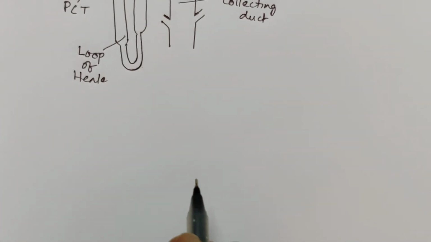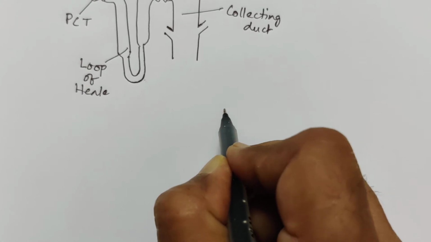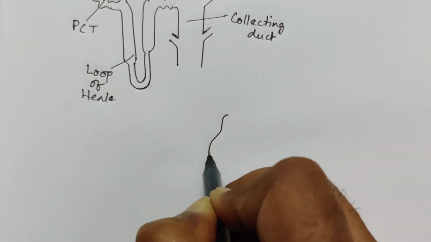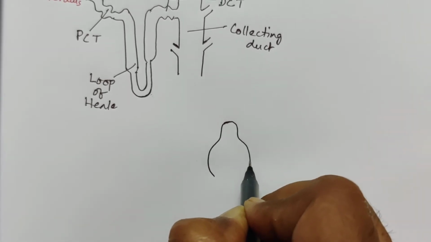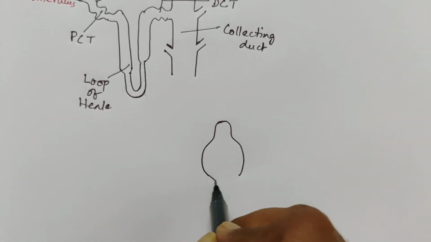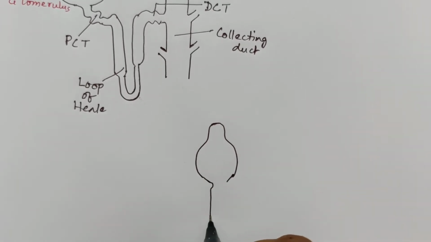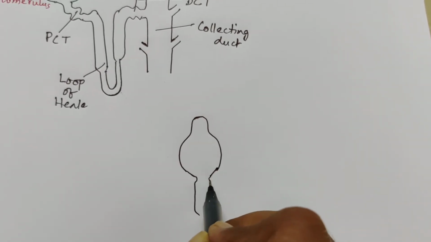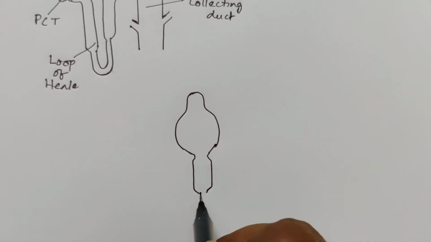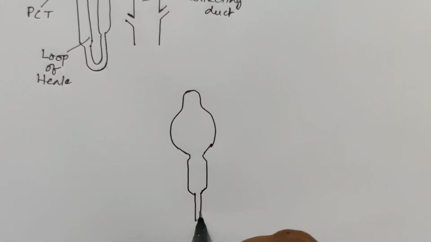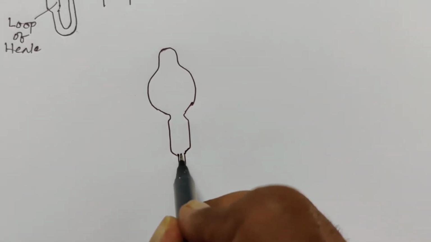No complications over here. Now let's draw a sperm. To draw a sperm in a very easy way, this is the head of the sperm, this is the middle piece, this part is the axoneme and the tail.